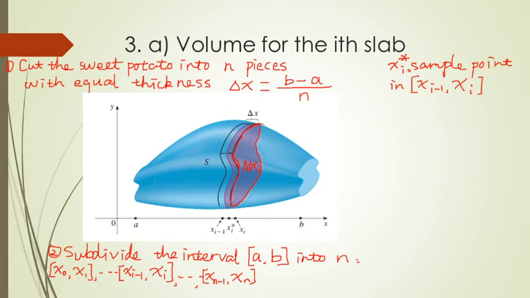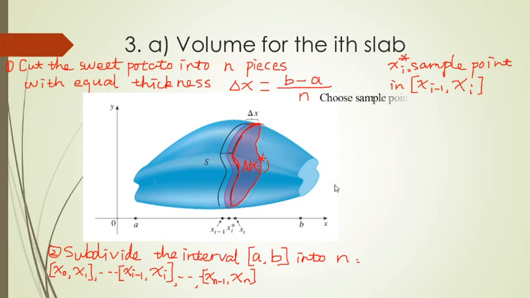In the ith subinterval, it's better to choose xi star, and we understand the sample point is any value you can choose in the subinterval. So I evaluate the area function of the cross section at xi star, then multiply by the little thickness delta x. Then I can get the estimated volume for the ith slab.